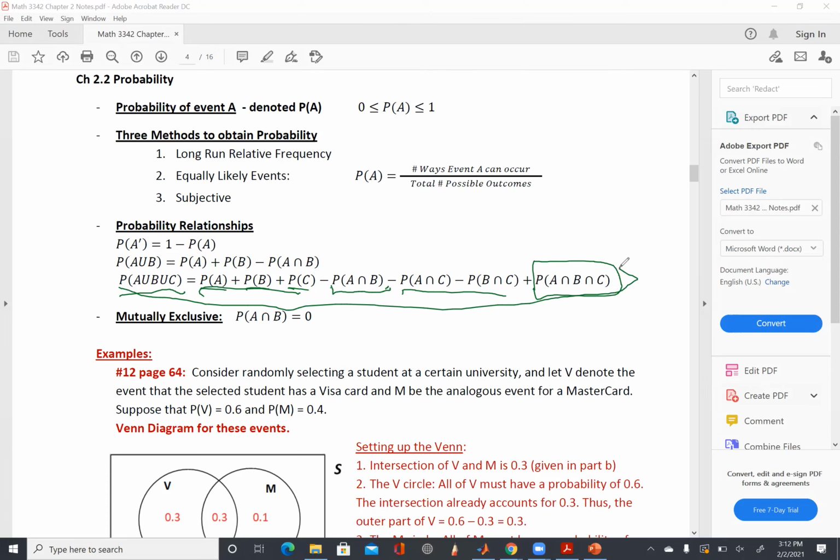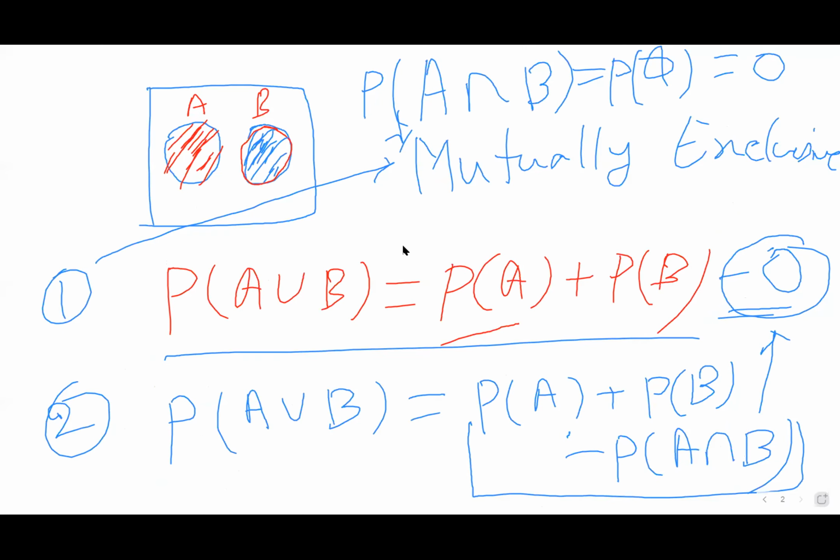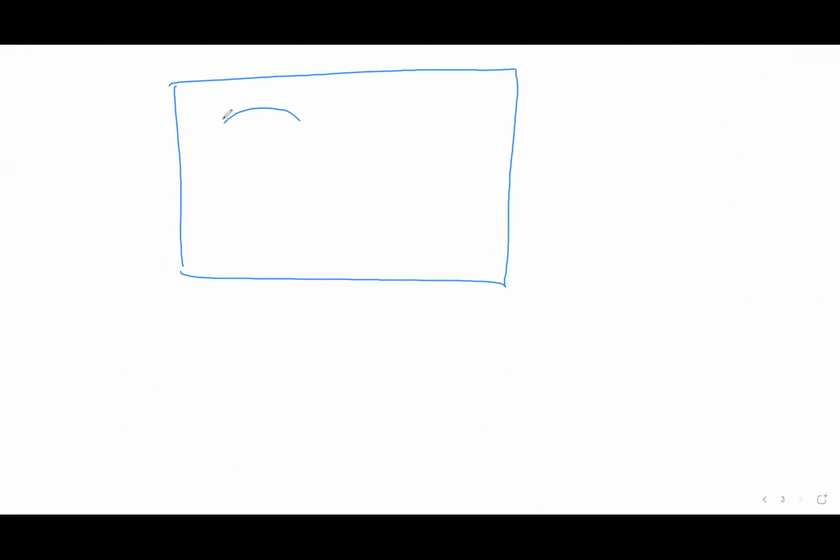You can see it if you construct the Venn diagram. So I'll show you this one. We have three events here. It's better if I use a different color.